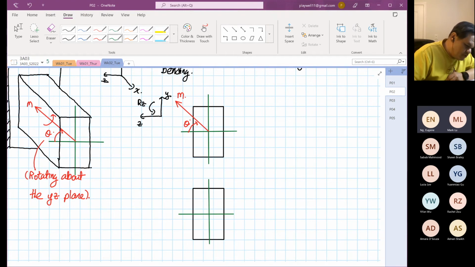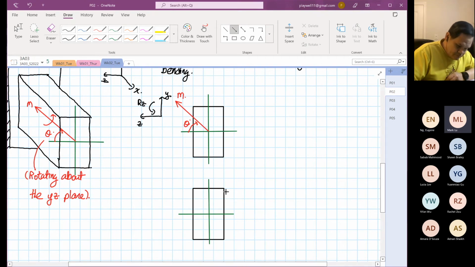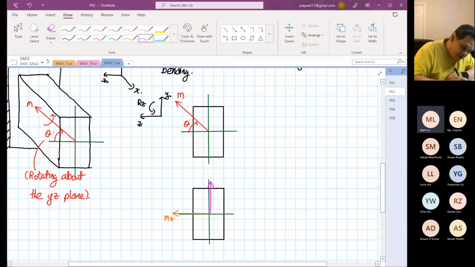So one component over here, which I'm going to use in orange. Okay. So this is our Mz. Okay. And there's also a vertical component. And this is our My.